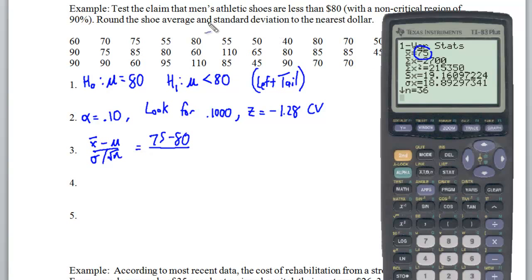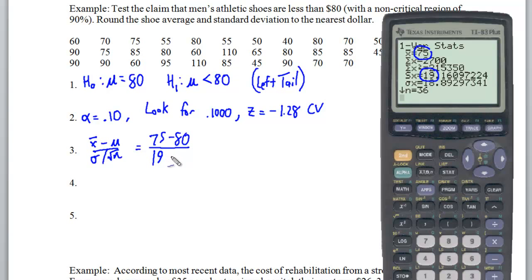And then it says to round the standard deviation to the nearest dollar. Now the book will use this one, which is the 19.2, but I'm going to round to the nearest dollar, so 19 is my answer there. You'll notice below that the other standard deviation, which uses a slightly different calculation, would also round to 19 if done that way.